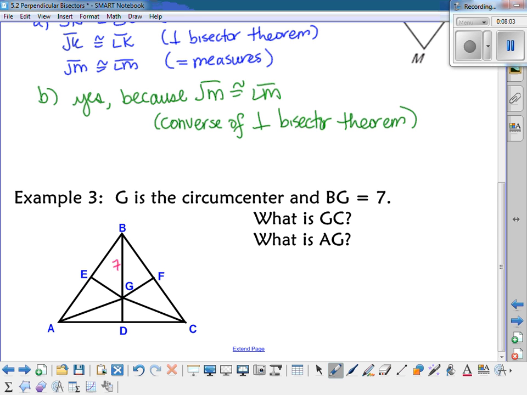So anything from point G to the vertices would have to be the same distance, and so GC is equal to 7, and AG would also equal 7. And these would all be right angles. And these sides would be congruent because it's a perpendicular bisector.